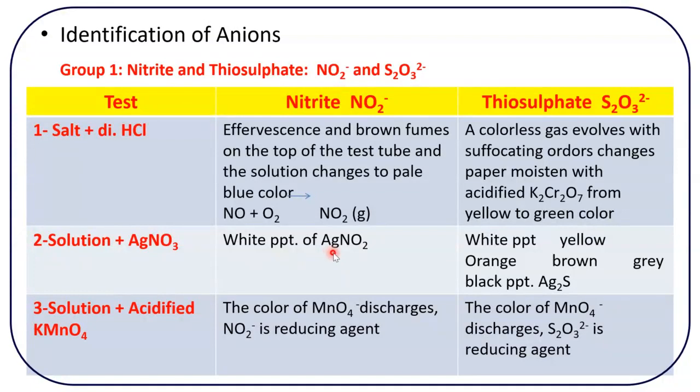You have a white precipitate of silver nitrite in case of nitrite, but in case of thiosulfate, you will see a white precipitate which changes into yellow and then orange, then brown, and you end up with a black precipitate, which is silver sulfide, Ag2S. That is in case of thiosulfate. The other test we call the redox reaction, which involves a reduction oxidation reaction.